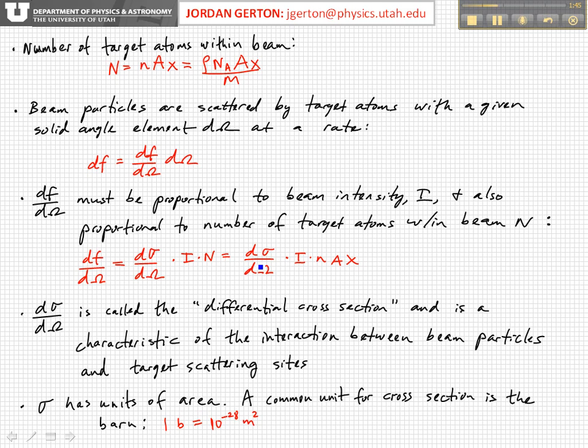So all the physics is contained in this differential cross section dσ/dΩ. It's a characteristic of the interaction of the beam particles and the target and the scattering sites within the target.